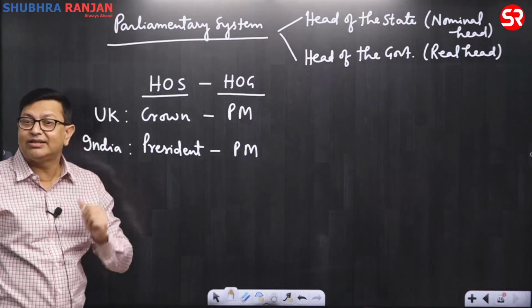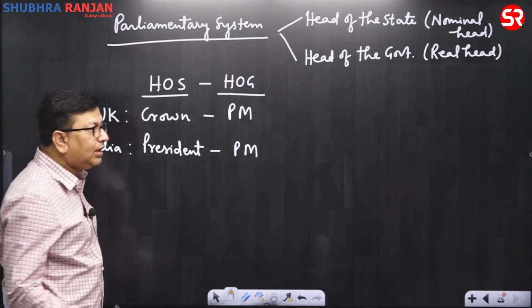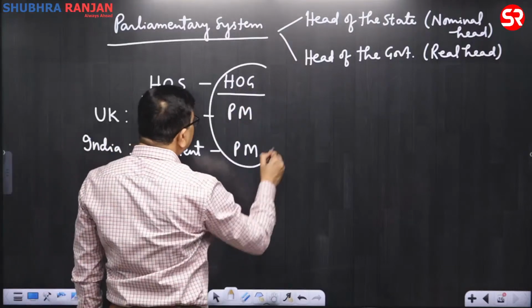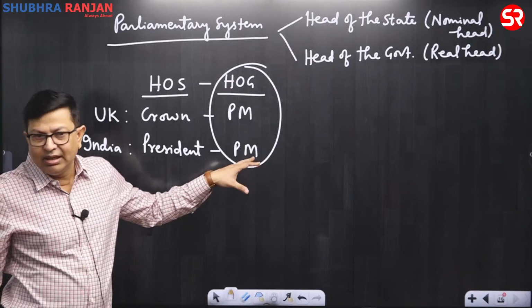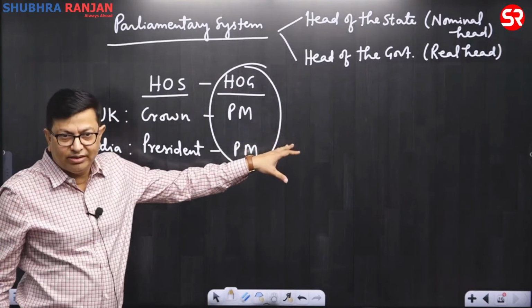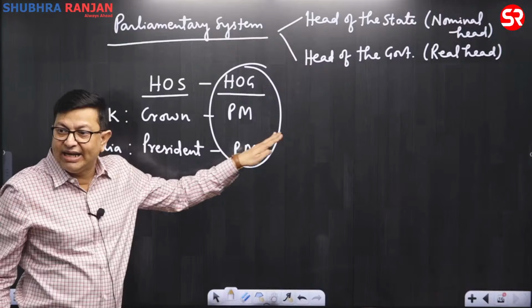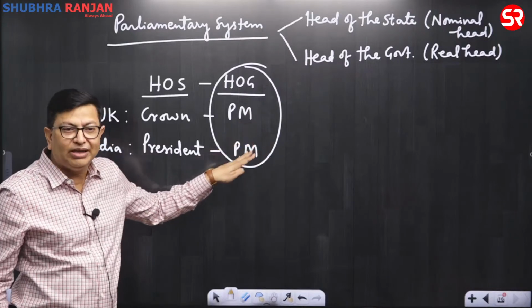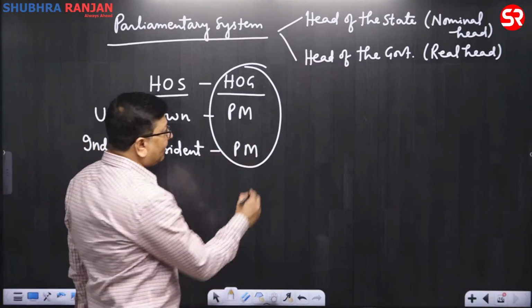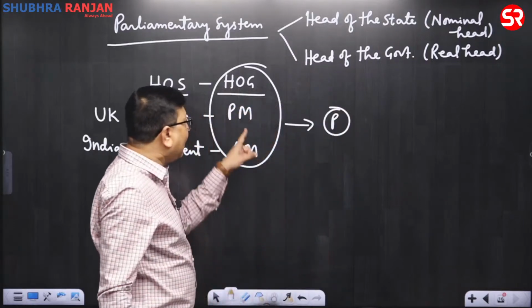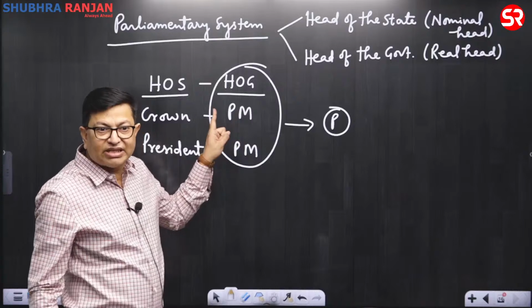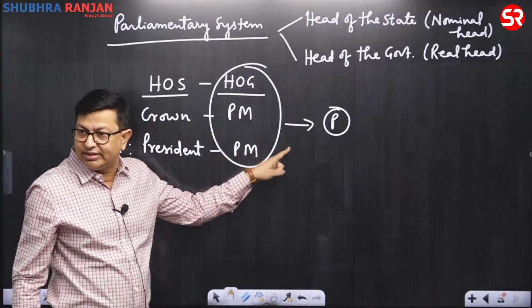Why parliamentary system? The logic here is that the head of the government is a member of the parliament, means the parliament provides for the head of the government. So if we talk about the British Prime Minister, he must be a member of the House of Commons.